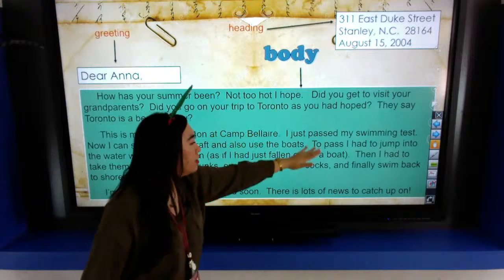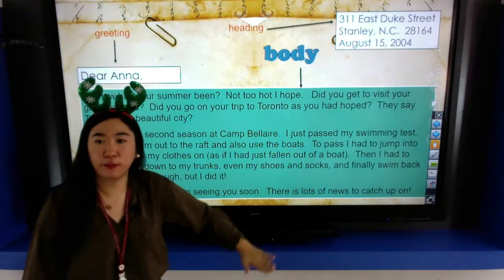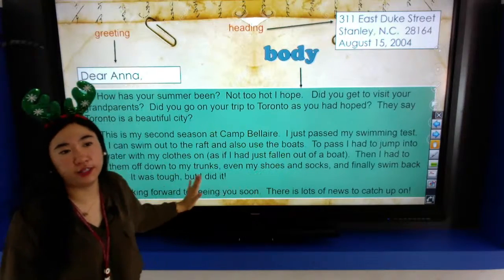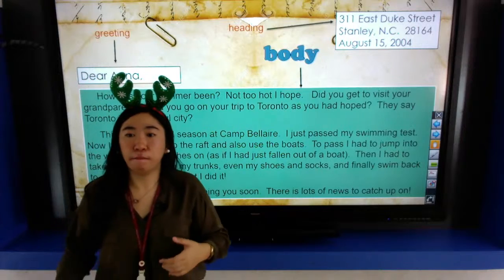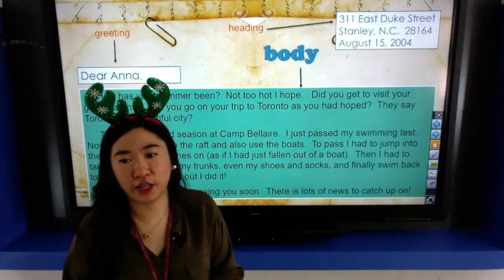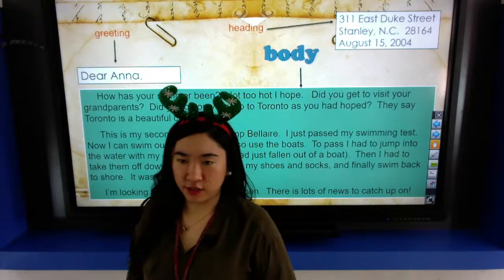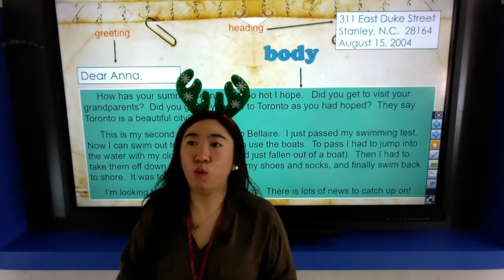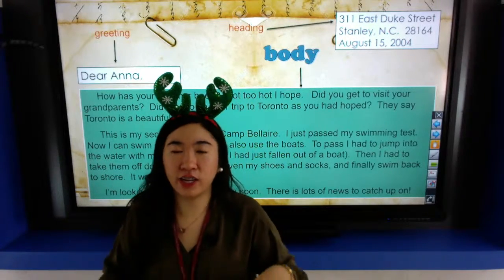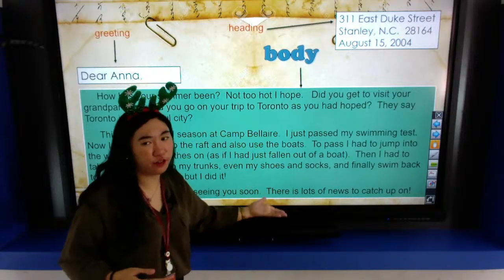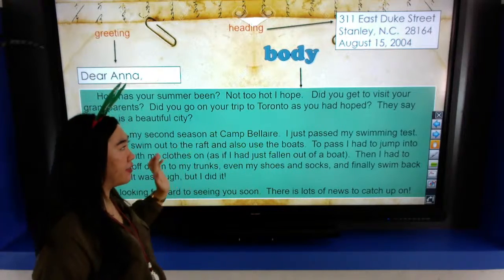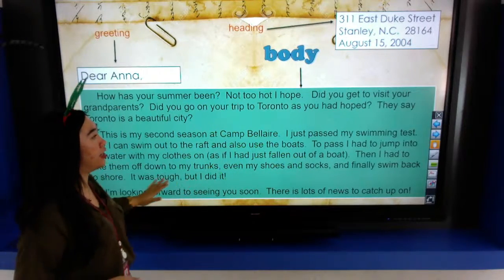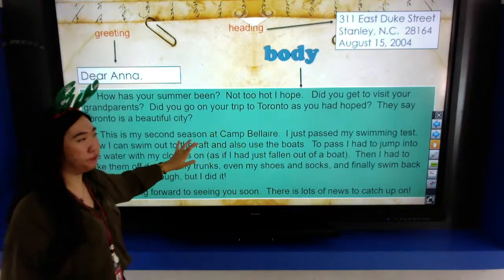And this part, the biggest and most important part of the letter, is the body. Because in the body of the letter, you write everything. Understand? You write what you want to say. Why did you write your letter? So that is the part where you express everything to the receiver. So this is the body of the letter.